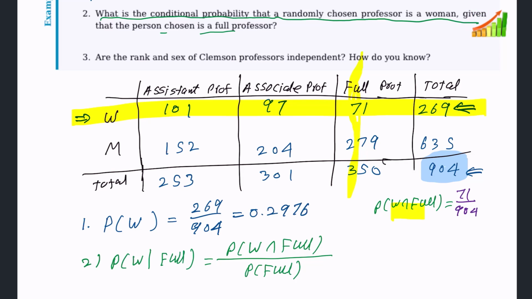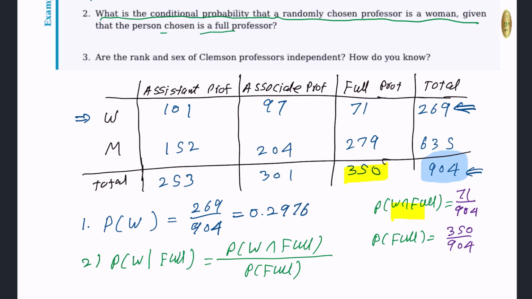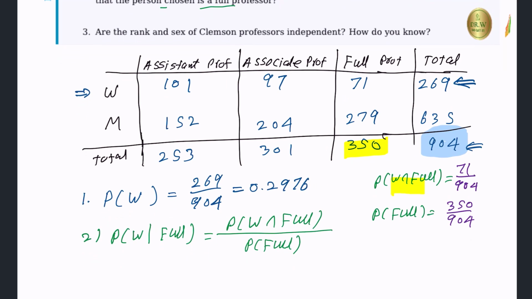Right. Then go to the probability of full. How do we find the probability of full? You see how many full professors total? Let me show you. Total full professors here is 350. Therefore we can write 350 divided by 904. Right, now we know the probabilities. So we go with this one here again.